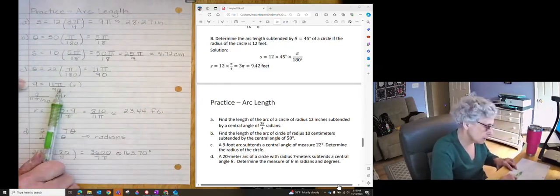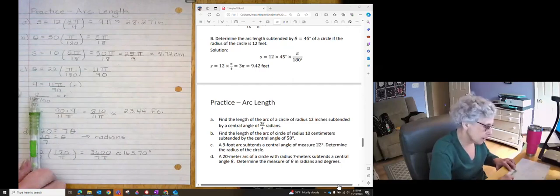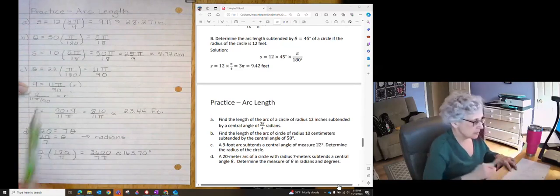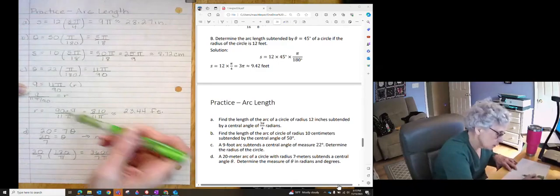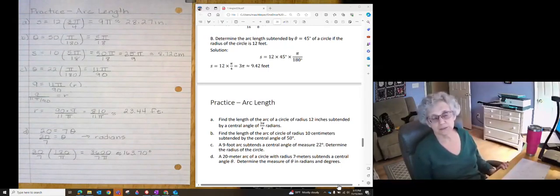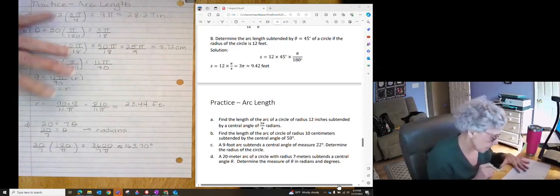So 9 was equal to 11 over 90 times R, so R was equal to 9 divided by 11 pi over 90, and 9 divided by 11 pi over 90 is the same thing as 9 times 90 over 11 pi. So I just multiplied and simplified. Had to do some fraction arithmetic there.